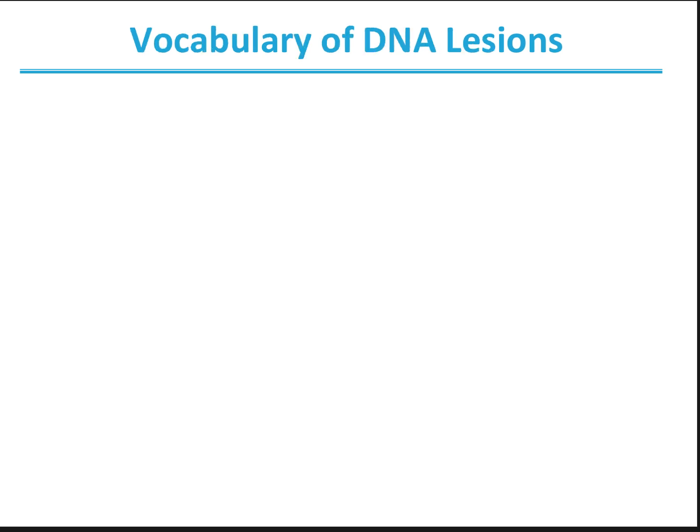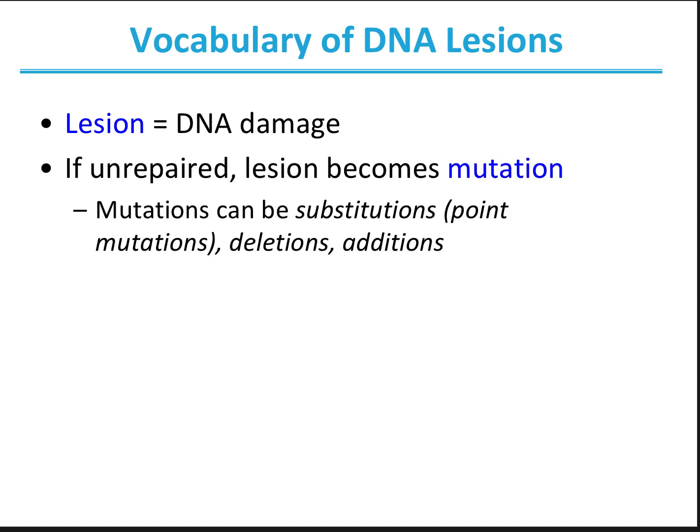First we need to get into the vocabulary of DNA lesions. A lesion is basically any DNA damage. If unrepaired, this lesion becomes a mutation. Mutations can be substitutions or point mutations. They can also be deletions and additions of nucleic acid sequence.